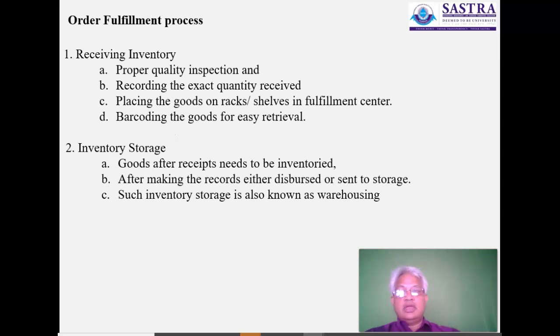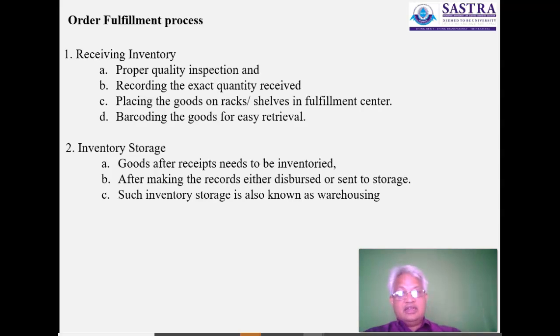So, the first step, receiving inventory, includes inspecting the goods for quality as soon as they reach your distribution center or the warehouse. Quality inspection must be thoroughly carried out and checked wherever and however required. This is followed by recording, what we call inventoried, recording the exact quantity received, and then placing those goods on the shelves, of course not for display, but such that they can be easily retrieved.